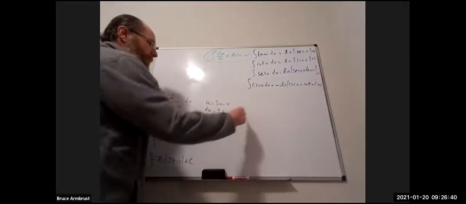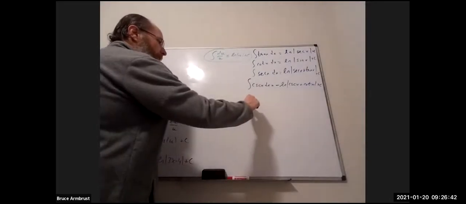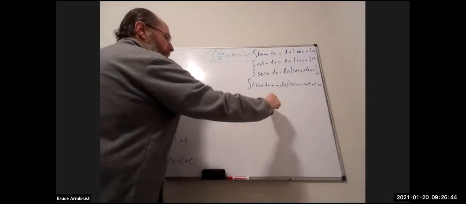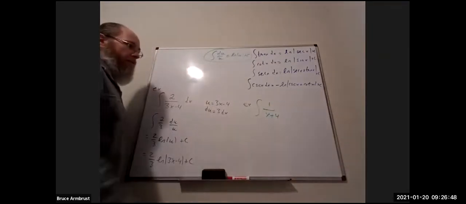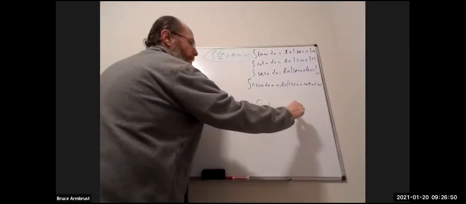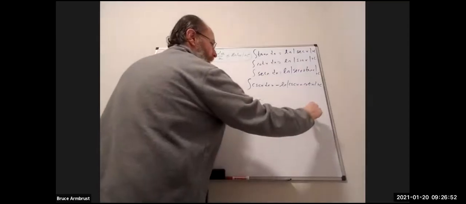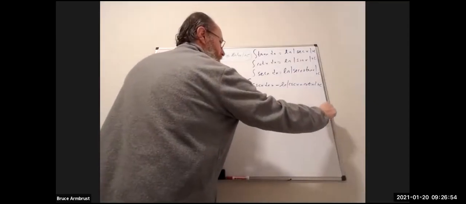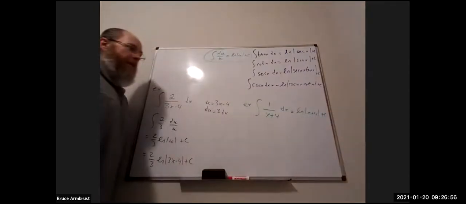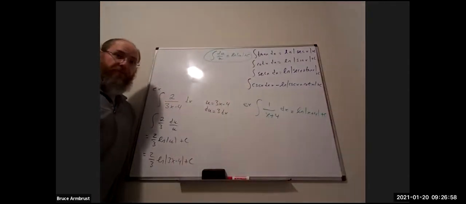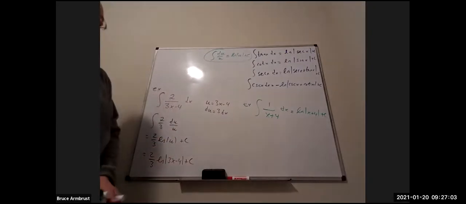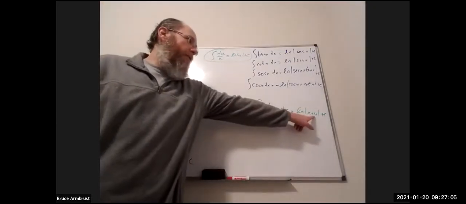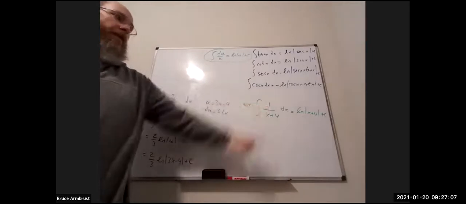Right. So here's another one. Let's say we've got the integral of 1 over x plus 4. All right, well, it's going to be the natural log of x plus 4 plus c. And I know there is no constant multiple because if I differentiate this, x plus 4, I get 1.